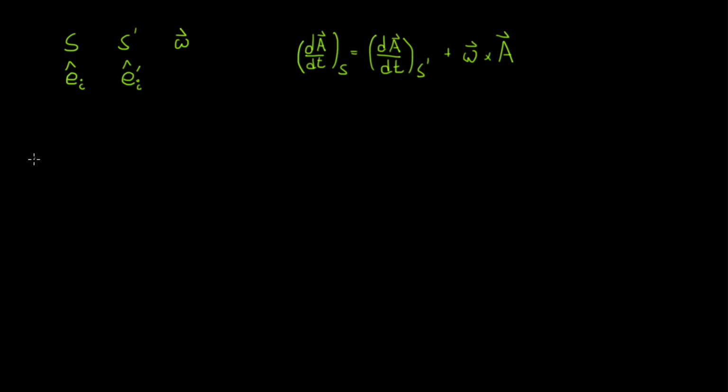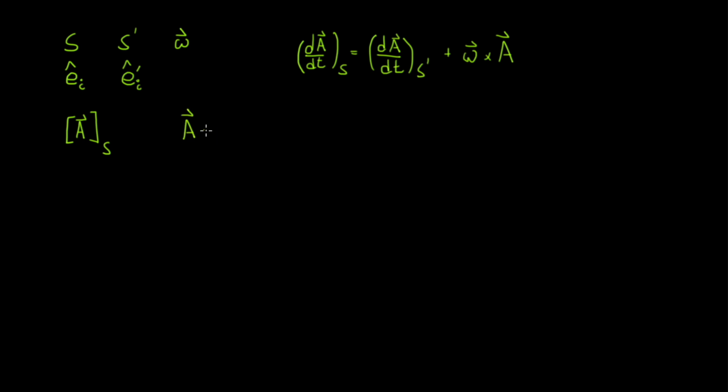Okay, fantastic. Now, a lot of my confusion in the past has come out of weird notation. So I'm going to try and describe very explicitly what my notation is. First, let's talk about A. A is just a vector. It is a geometric object.